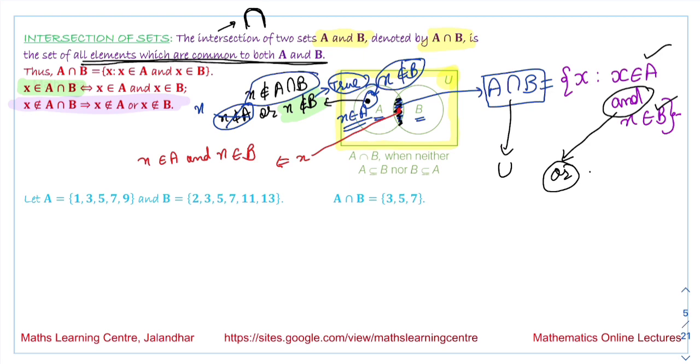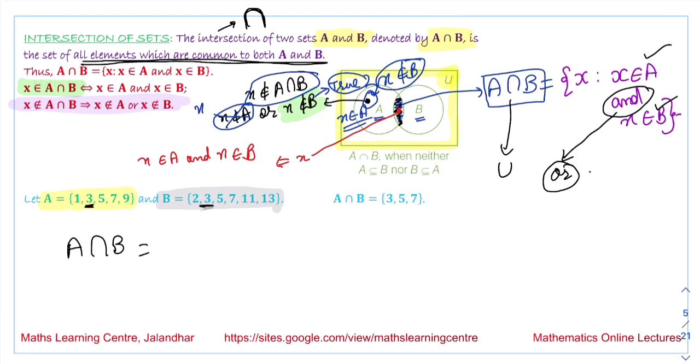This will be more clear to you with this example. The set A is given to you. The elements of this set are 1, 3, 5, 7 and 9. And the elements of the set B are 2, 3, 5, 7, 11 and 13. So what are the common elements over here? We are talking about A intersection B. Common elements: 1 is not present in both of these, 2 is not present in both of these.